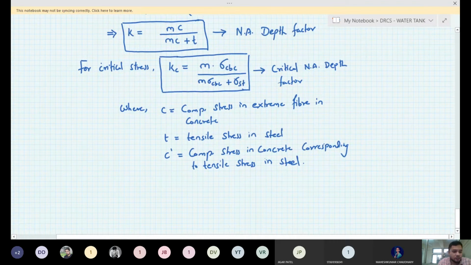Then the other terms are K. We know that K is the neutral axis depth factor.